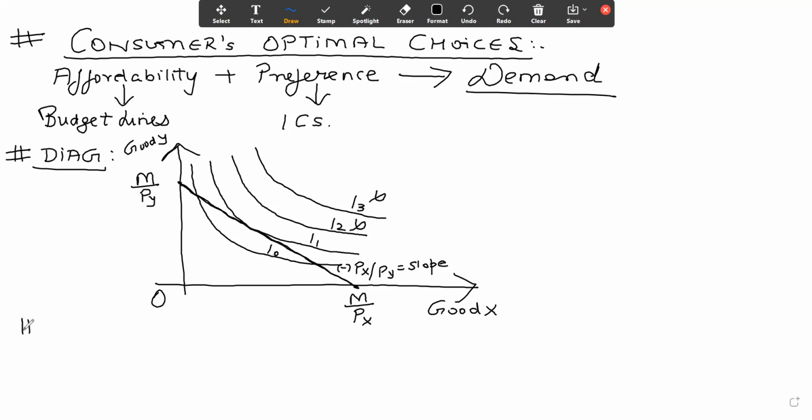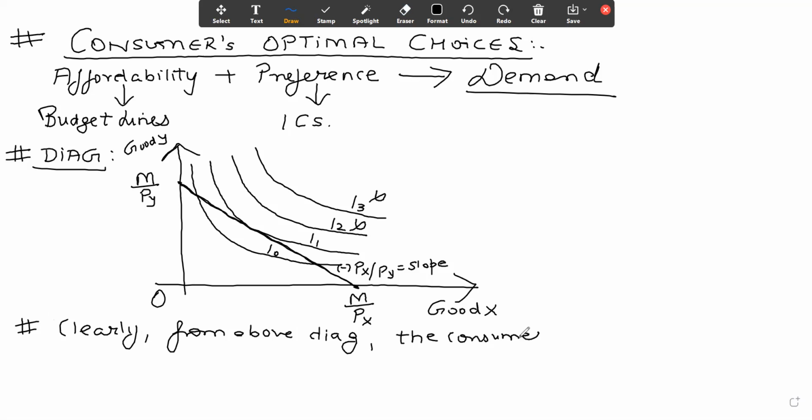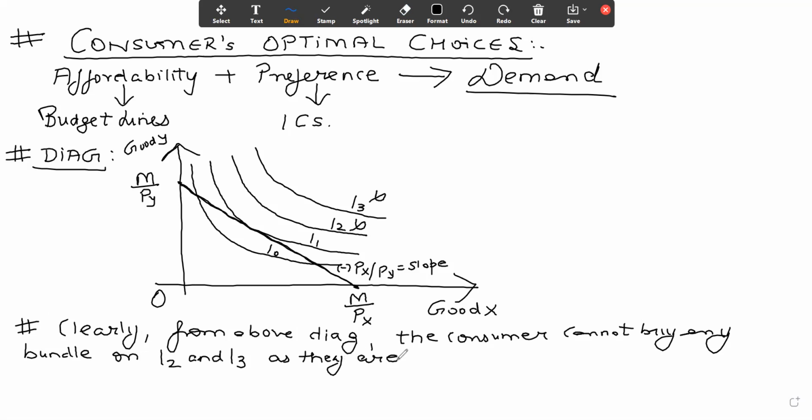So clearly from the above diagram, the consumer cannot buy any bundle on the indifference curves I2 and I3 as they are beyond the budget of the consumer.